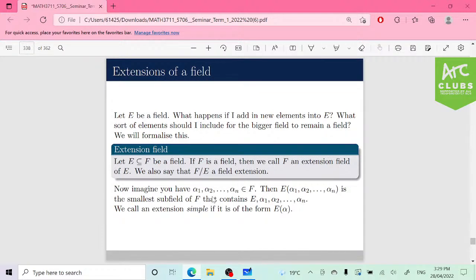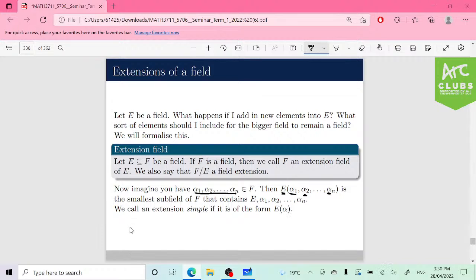So one thing that you might like to think about is, suppose that I have a finite number of elements inside your bigger field F. What we can do is we can look at E adjoined all of these things here. And we define this to be the smallest subfield of F that contains E, that contains alpha 1, alpha 2, and alpha n. And we call this extension simple if you can generate the field using just one element here.